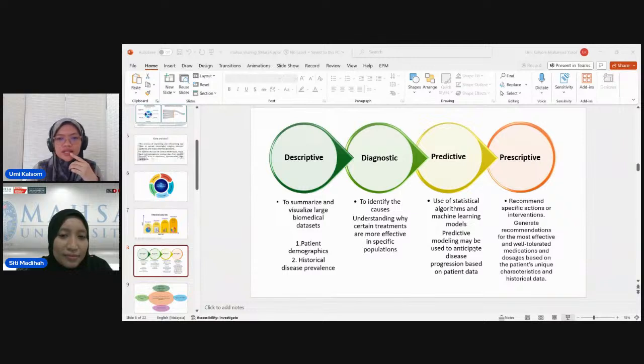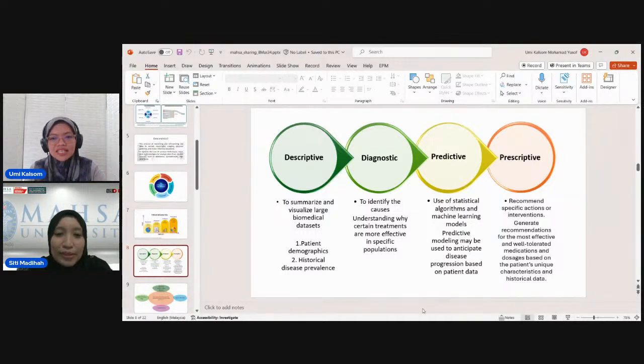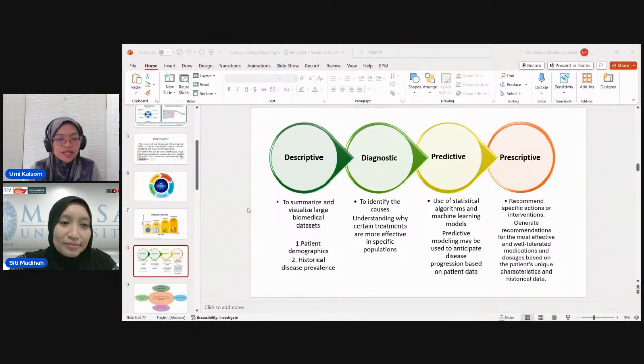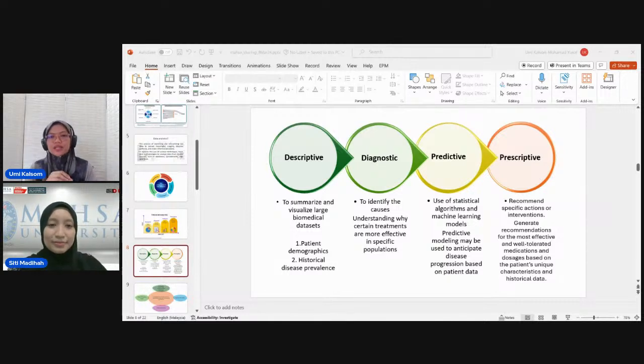Can you see the slide clearly? Madi? Yeah, can you see the slide here? Okay, all right. So for predictive, maybe we can use full screen.